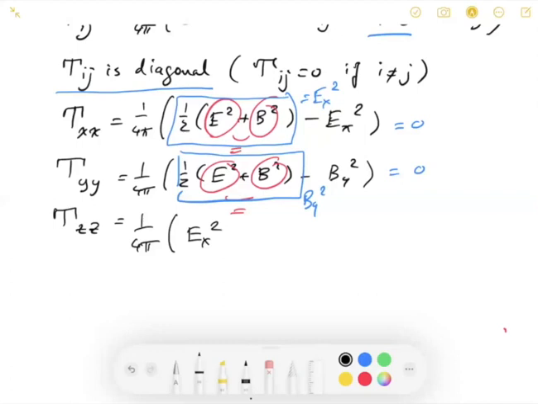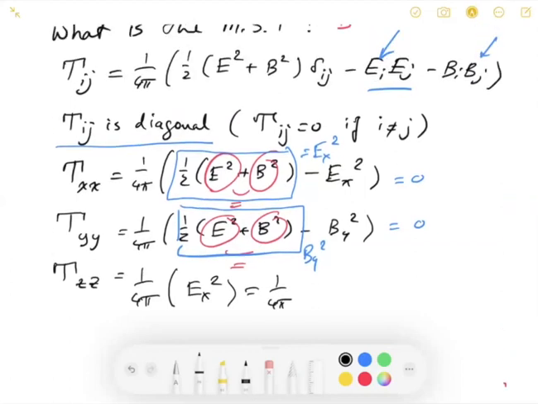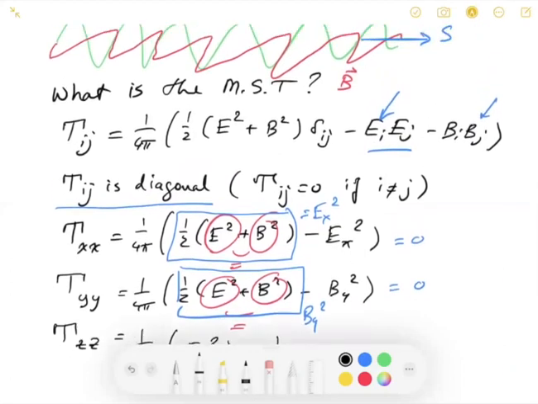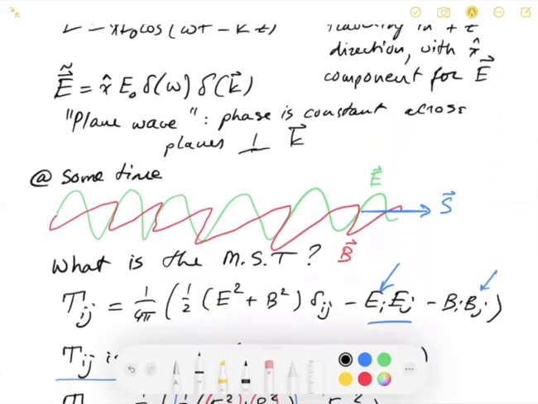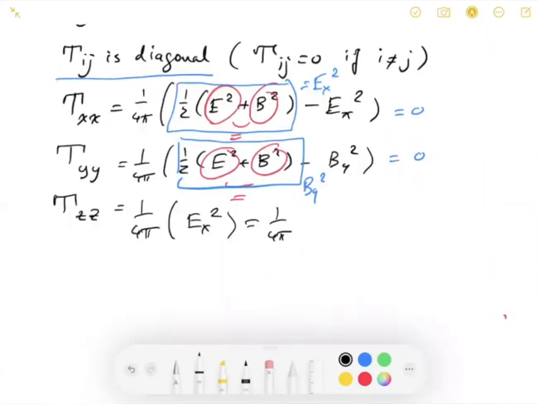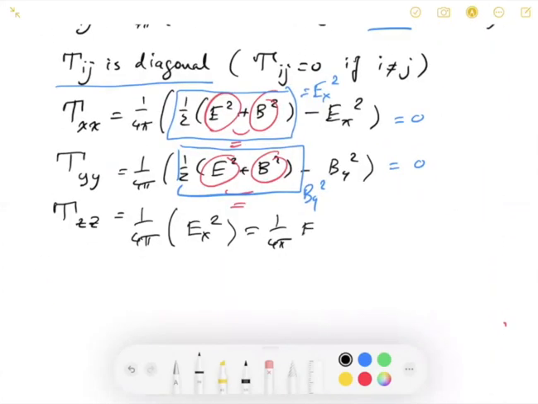And of course the half cancels because you get 2 times this. Okay, so what is E_x squared? Well, if you want to be really, really verbose, you could write it out. There's a cosine somewhere. There we go. So there's an E naught squared cosine squared of (omega t minus kz).